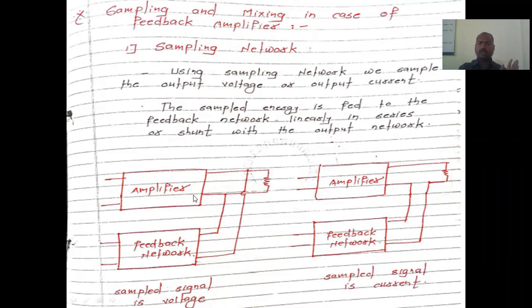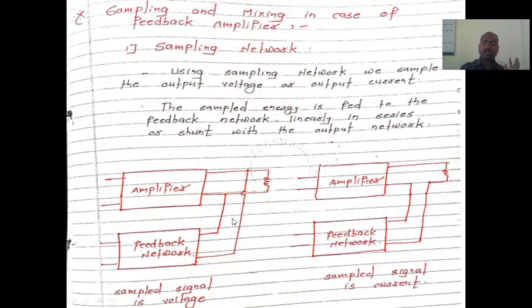I'll explain these two things again, how to differentiate sampling of the voltage and sampling of the current. In sampling of the voltage, we apply the input, and accordingly the output is generated. Whatever output is generated, we take as a voltage, and that voltage is applied back to the input.